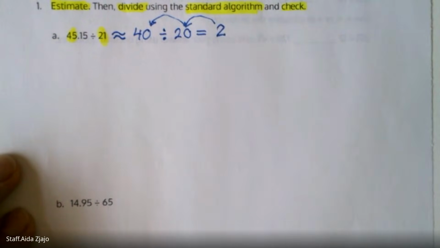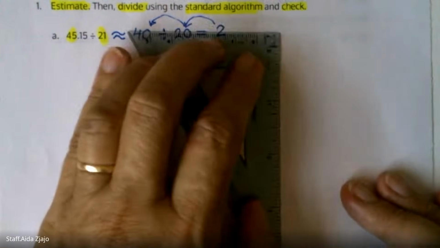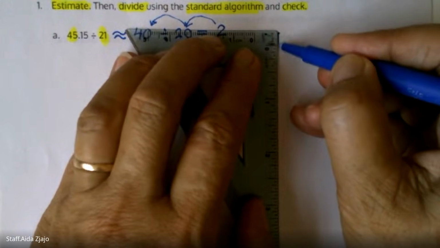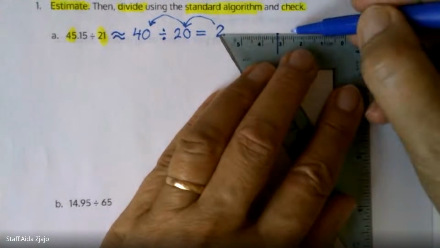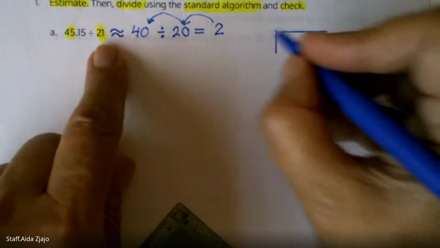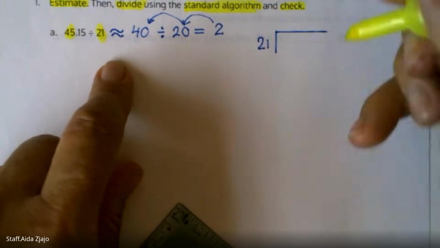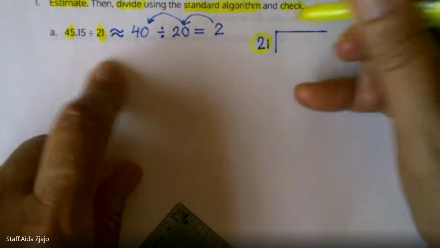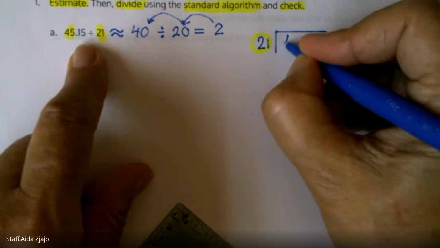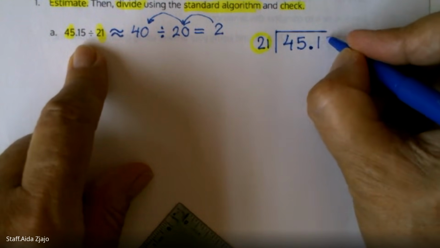I'm going to use this way here. I'm going to make a division bridge. Division is a group of 21. So how many groups of 21 are in 45 and 15 hundredths?